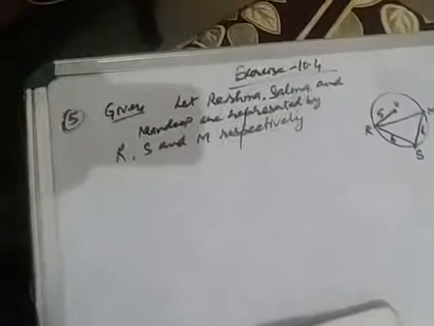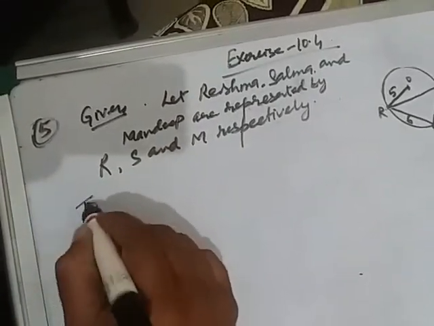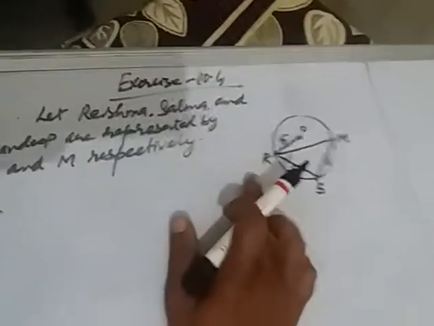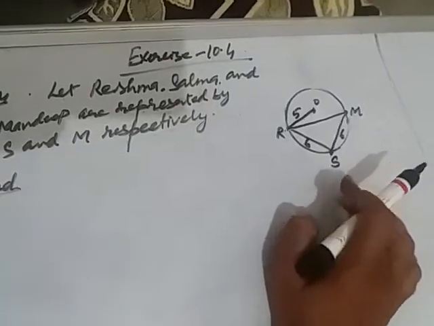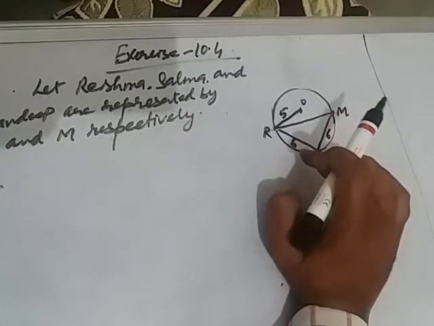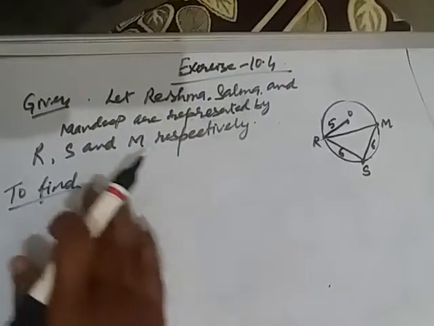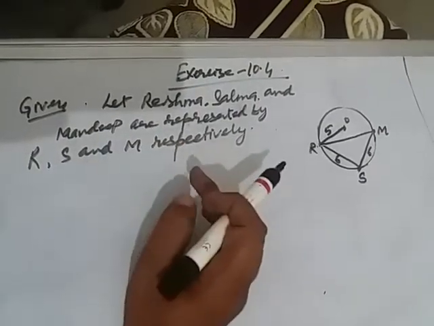Okay, children. To find, what we have to find out. See the figure, children. Distance between Reshma and Salma means this is a chord. And distance between Salma and Mandeep is again a chord. Both are 6 centimeter each. Now see what else is given.